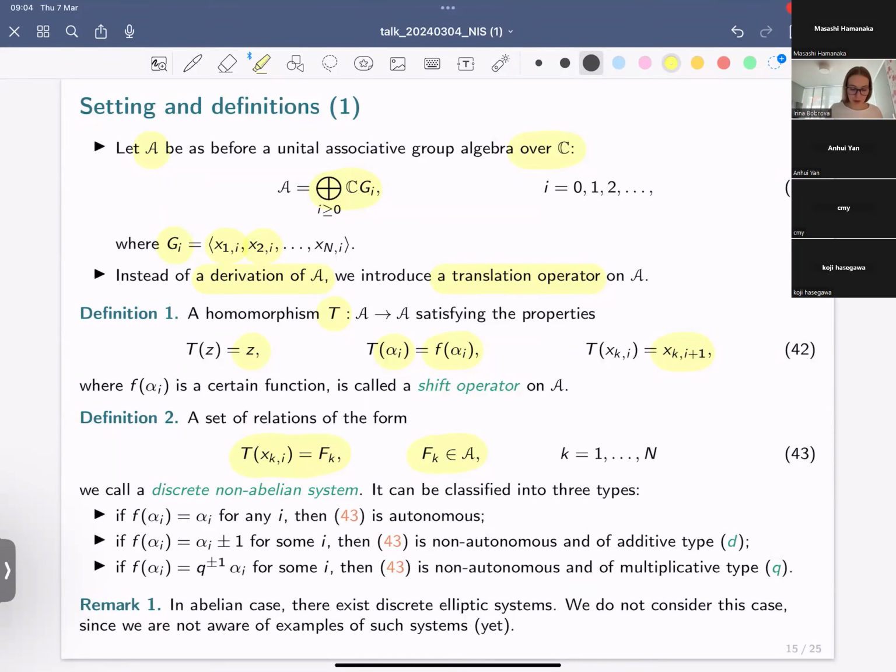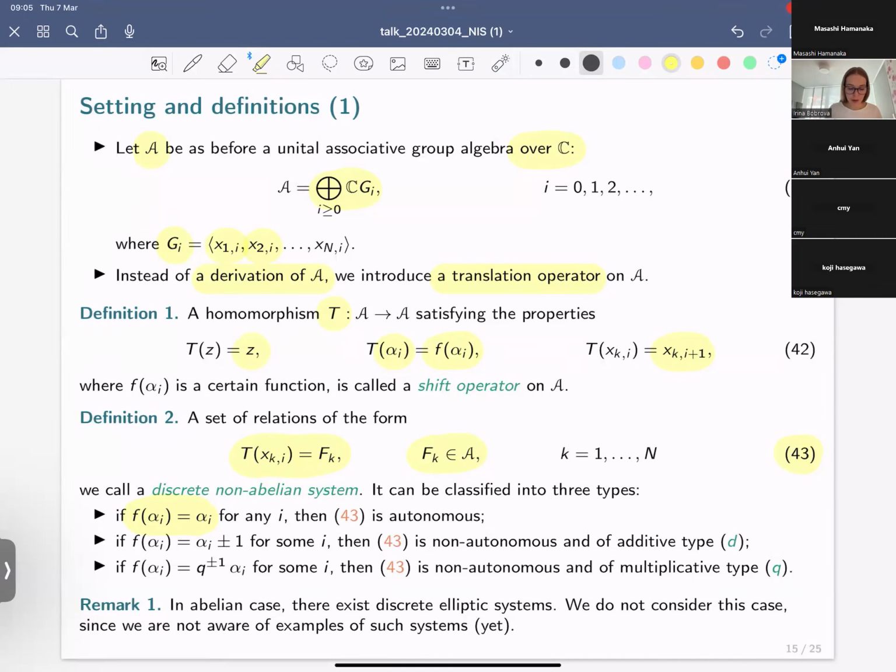If this function f is just a constant function, depending only on our parameters a sub i, then we will call this system (3.3) an autonomous system. It means that in the case when T acts trivially on these parameters a sub i, we have an autonomous system.